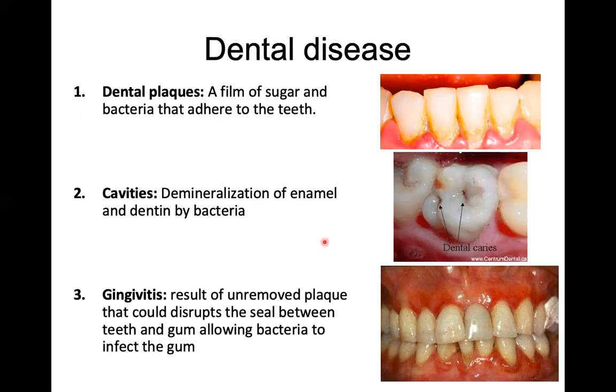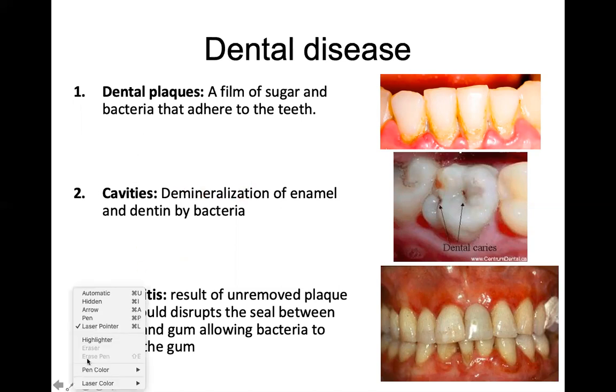Now, if you let this sugar film stay on the surface of the tooth, then the bacteria can use that sugar as a source of nutrients. But here's the problem. As the bacteria use this sugar, they produce an acidic byproduct. That acidic byproduct can eat through the enamel and the dentin. And that's what we identify as demineralization of enamel and dentin.